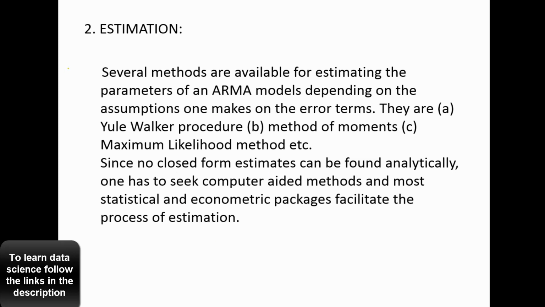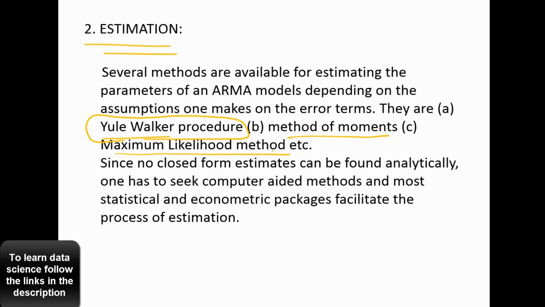So there are different types of estimation available. You can use the Yule-Walker procedure for estimation, and then there are the method of moments, and then there is the maximum likelihood method. We'll not get into the details of what these estimation methods are, but no matter which estimation you use, you never have to compute it yourself, because software itself does it.